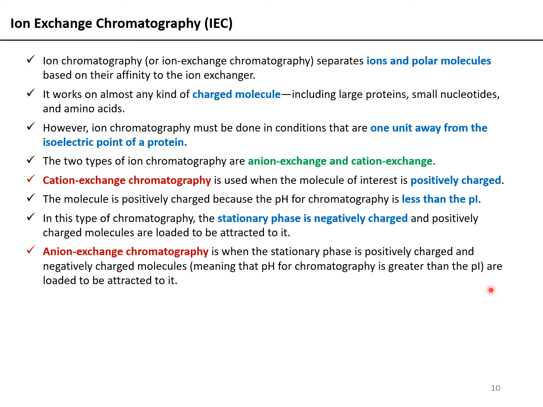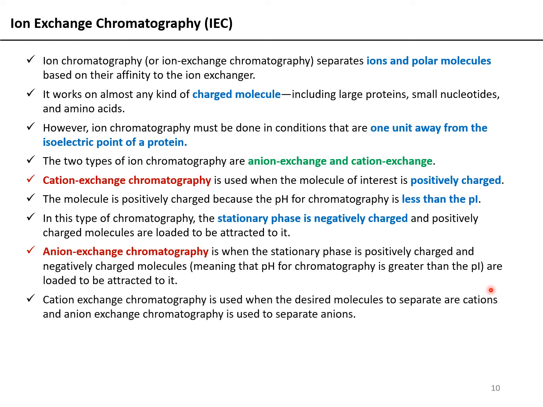So most of the amino groups will exist in its NH2 form, and the carboxyl groups, because of the lack of protons in the solution, will release the hydrogen to form a COO minus group, and therefore the protein will have an overall net negative charge, which will allow them to interact with the positively charged stationary phase.